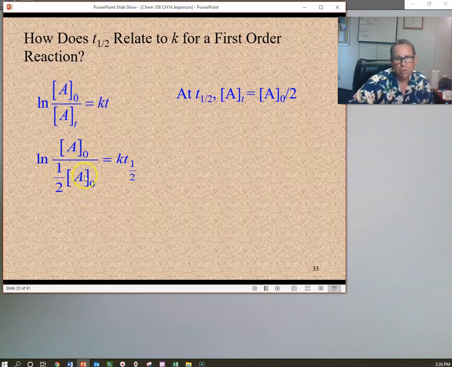So your final concentration will be half of your initial concentration at a half-life. And so this over this will always equal 2. And so we have this relationship where we can say the natural log of 2 equals the rate constant times the half-life. All right? And so that's another tool that we have available to us.